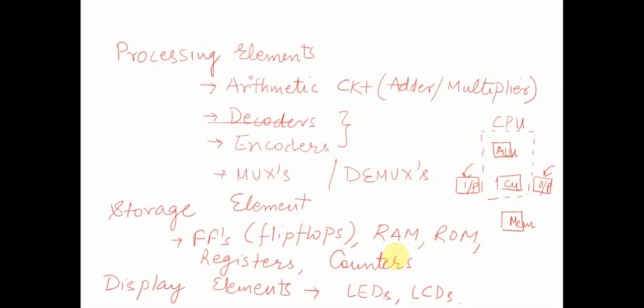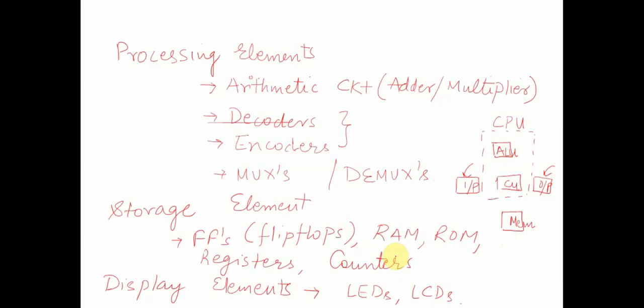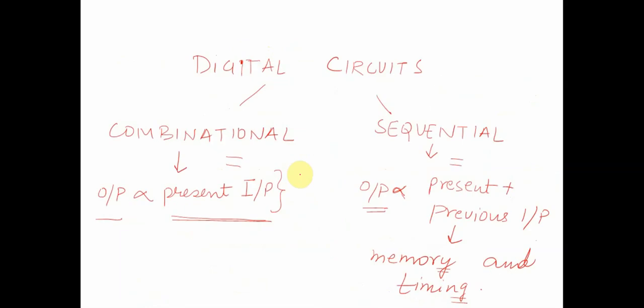So just to recap once again, what we will talk about in this course is a set of combinational circuits, which are nothing but these processing elements: arithmetic circuits, decoders, encoders, muxes and demultiplexers. Then we will be talking about sequential circuits also, just to put a name to it. Sequential circuits could further be of two types, which I will be talking about later: synchronous or asynchronous, right?